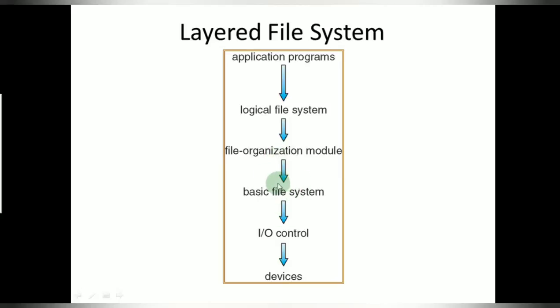And we have the basic file system, which takes this physical address and manages reading and writing, and then to read and write again using the I/O controller, managing with the disk and the main memory, and finally the device.